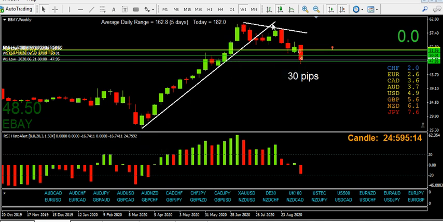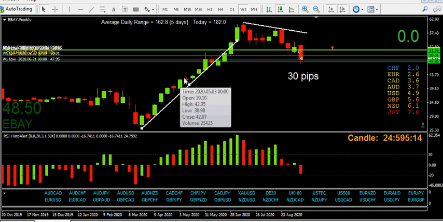You must be able to connect two swings, and this low must be broken by the price in order for this to be a valid connection line. Much the same as that high must be broken by price before this is a valid upswing. If it wasn't there, then all you would do would be to join the last level that had been broken by price here, and that's the connection level there.